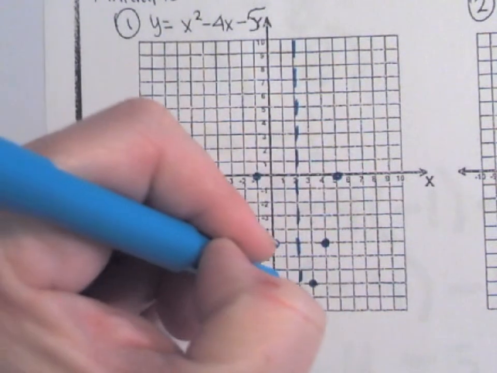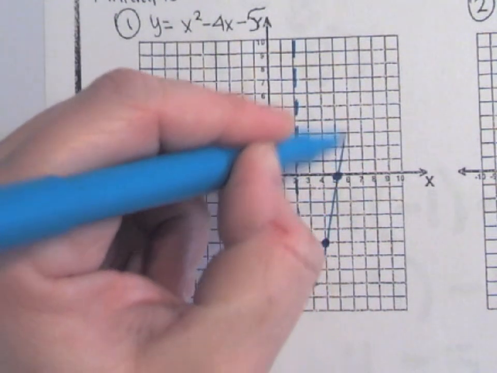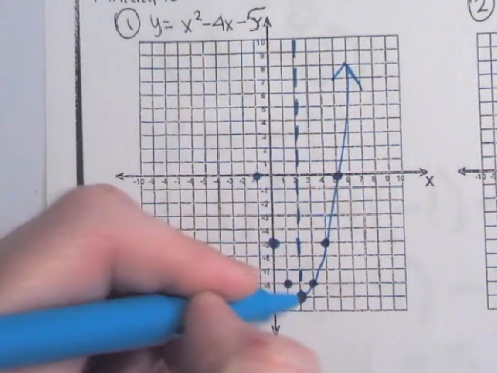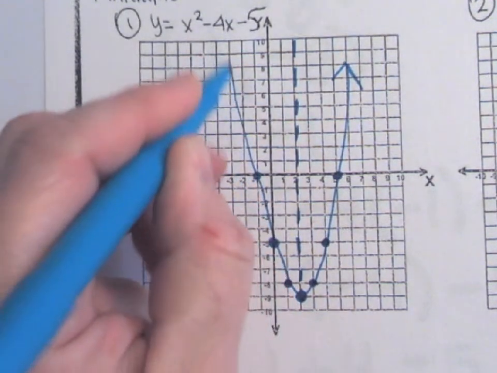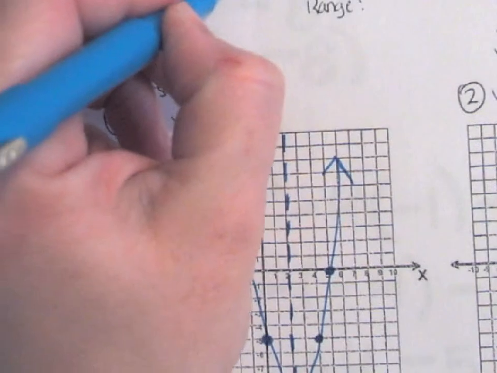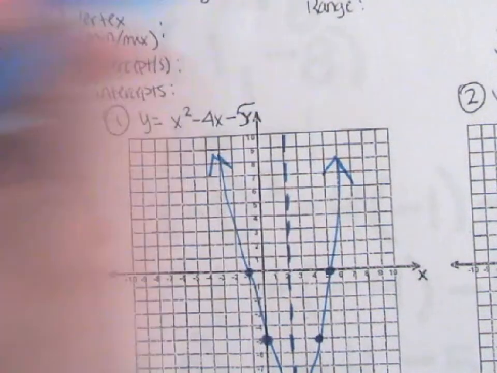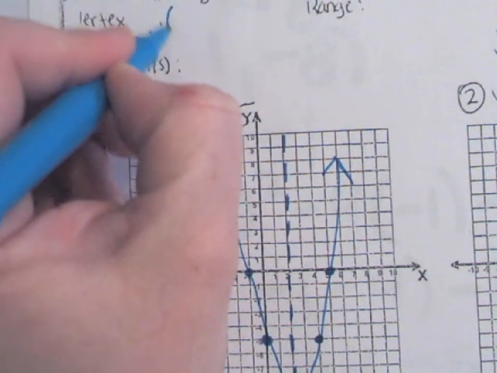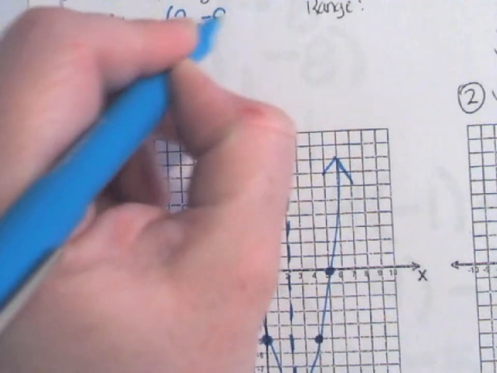Then I'm going to carefully draw my line, always putting arrows. And I've sketched my graph. I've identified my axis of symmetry is at x equals 2. My vertex is at 2, -9.